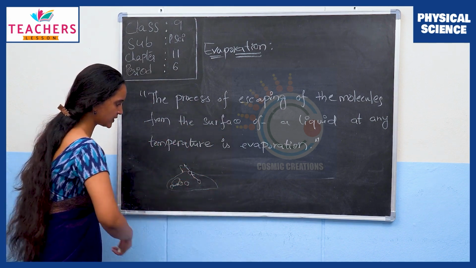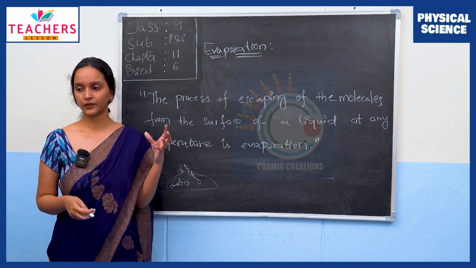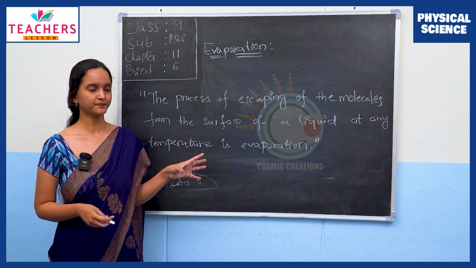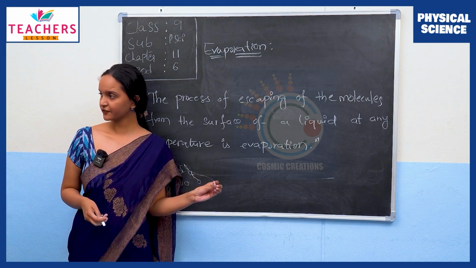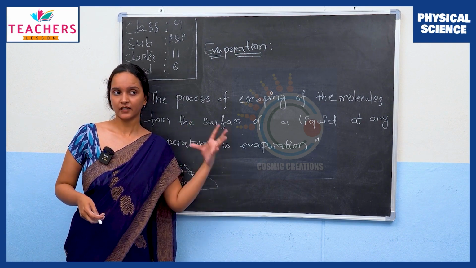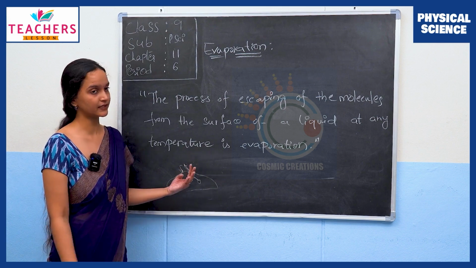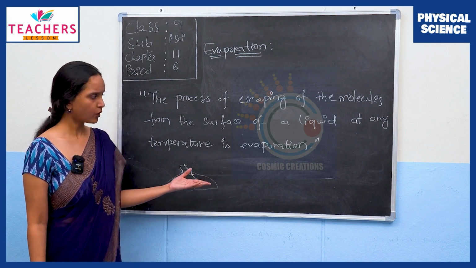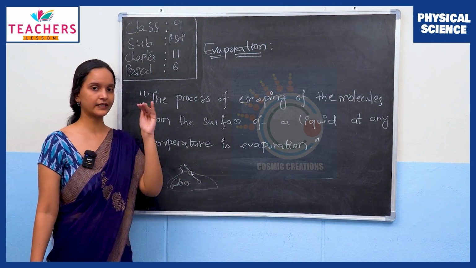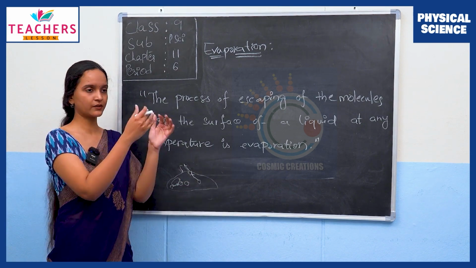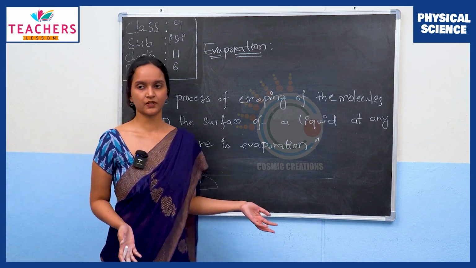So over time these molecules keep escaping from the surface of the liquid. What happens? If enough number of molecules keep escaping from the surface of the liquid, over time the number of molecules present inside this liquid decreases. The number of molecules keep decreasing, and then the liquid disappears altogether.